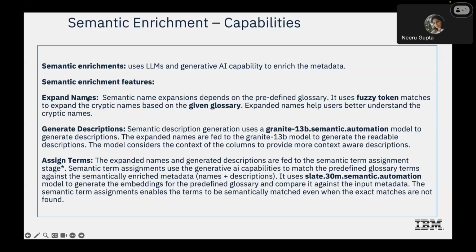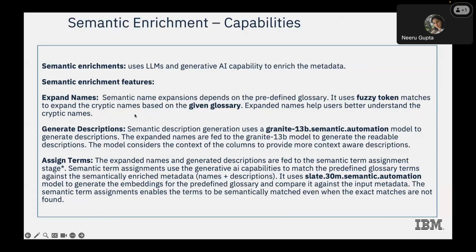The first is expanding the cryptic names. So when we ingest the metadata from different data sources to IKC, many times that metadata can be very cryptic. The names of the columns or the table names may not be very readable or not very clear to the end users.